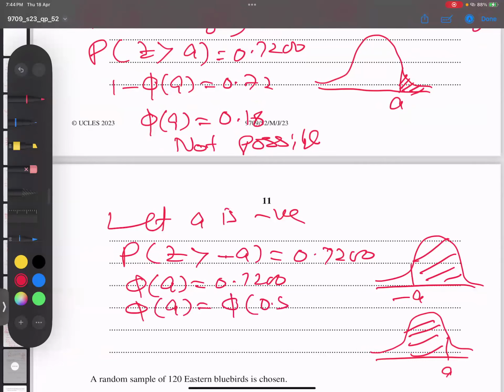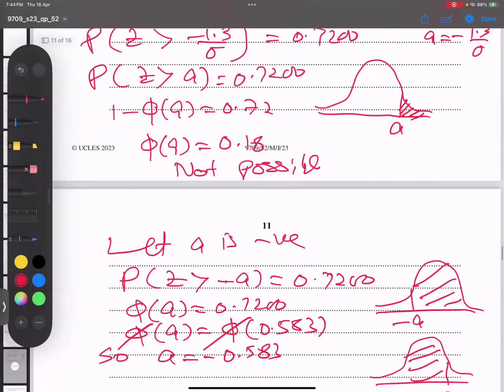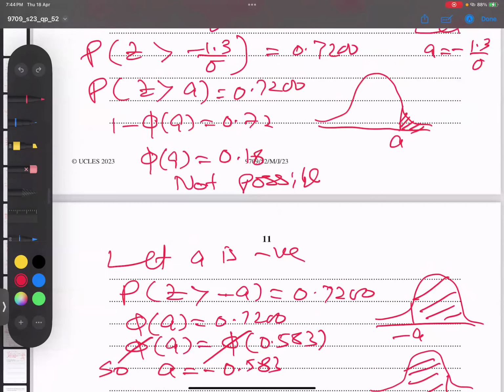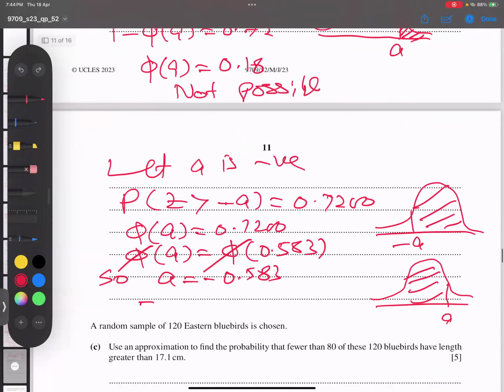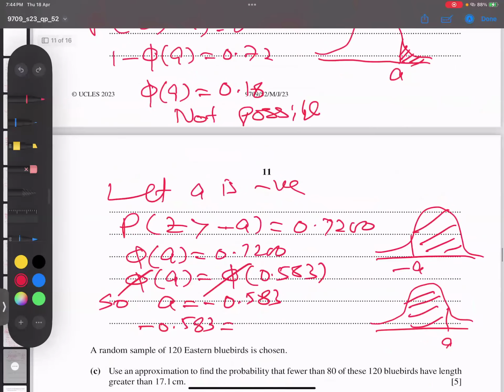So a is 0.583. But I know that a is negative, so the a value becomes negative 0.583. And this value I'm going to plug into that top equation. So a equals negative 0.583 equals negative 1.3 over sigma.